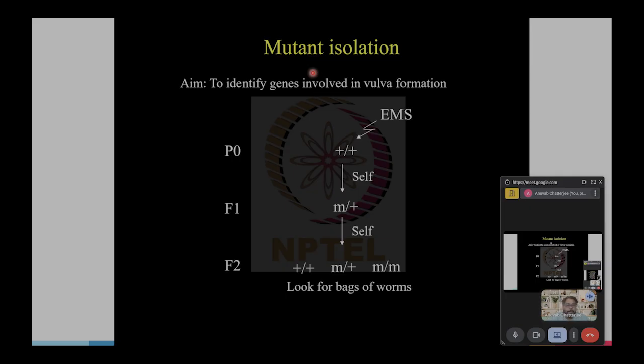Whenever there is an EMS-induced mutation in the genome, if the mutation lies in a gene, then probably the gene is not going to function anymore. So you are going to have a mutant loss of function allele. When you let that embryo develop, it will probably show some kind of phenotype which is different from the wild type.